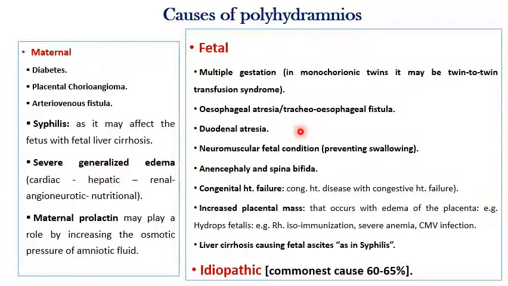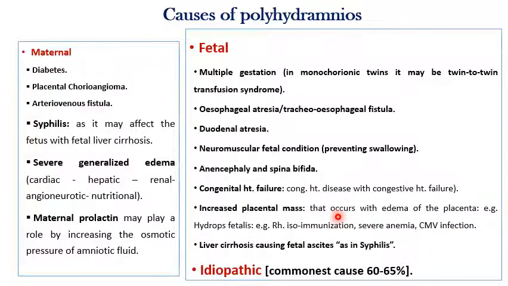Central nervous system anomalies like anencephaly, or neuromuscular fetal abnormality preventing swallowing, or congenital fetal heart failure, or increased placental mass due to fetal causes like hydrops fetalis, Rh isoimmunization, fetus with severe anemia, or cytomegalovirus infection.